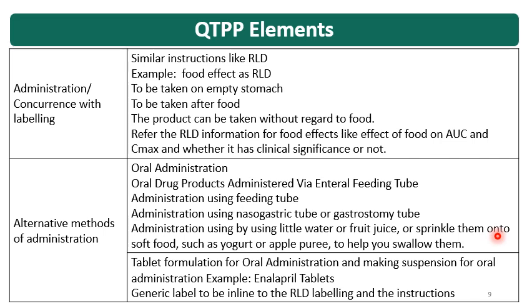All this information should be very similar and in line with the reference product. Then tablet formulation for oral administration and making a suspension for oral administration. An example is enalapril tablets. If you see the patient information leaflet for enalapril tablet, you will get it. The generic label is required to be in line with the RLD labeling with the same instructions.